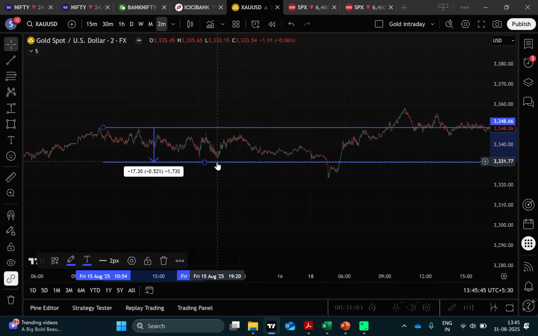But I just wanted to show you the one method, how to get these intraday ranges. These intraday ranges can also be applied on the weekly time frame, on the daily time frame, on the monthly time frame. So this was just the introduction to WD Gann's price systems.